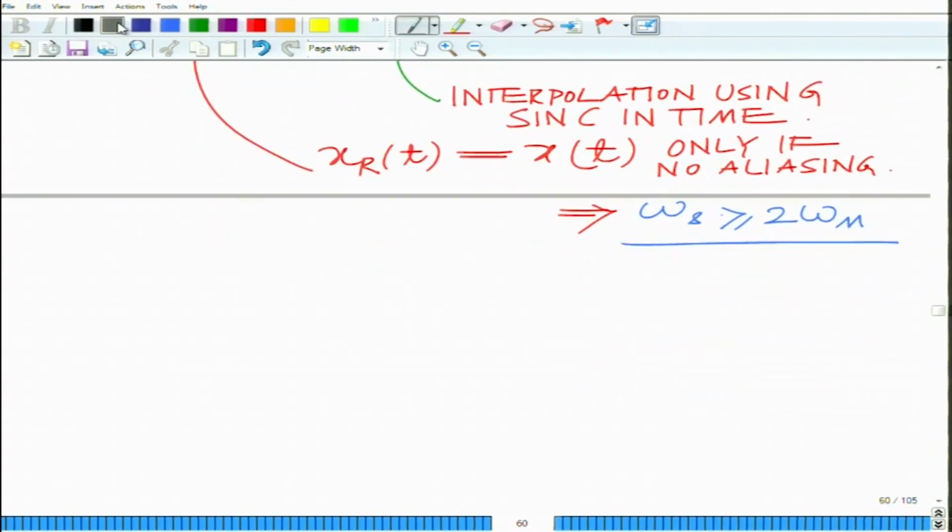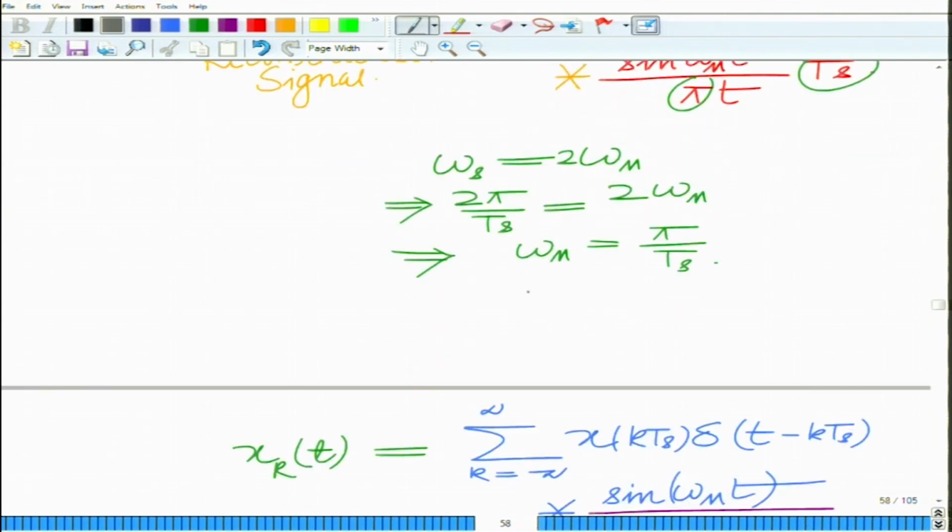And you can also further simplify this as summation k equals minus infinity to infinity x of k T s. Remember, we have omega m equals pi over T s, which means omega m into T s is equal to pi.